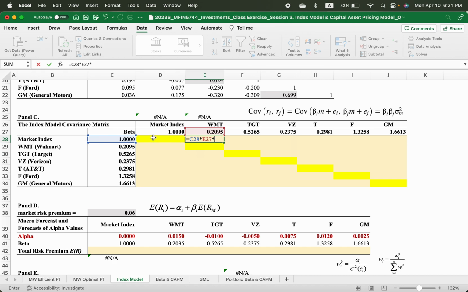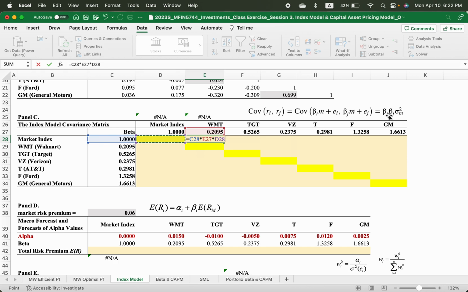What I need here is the market standard deviation. Is that the variance or covariance? Doesn't matter. It's just the variance, because for the market index we use the market standard deviation to the power of 2, which is the variance of the market. It's not the covariance. It's just the variance of the market.